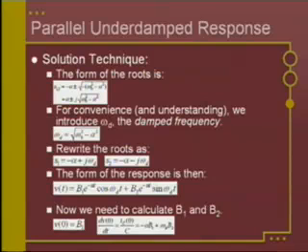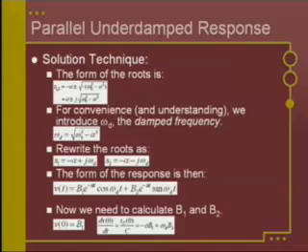Okay. So that's the overdamped response. I think we can cover the underdamped response at least real quickly. The underdamped response has a similar kind of form, except in this case, underdamped means that you have complex conjugate roots.